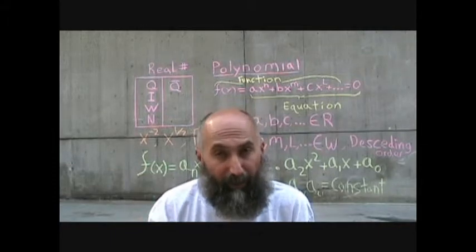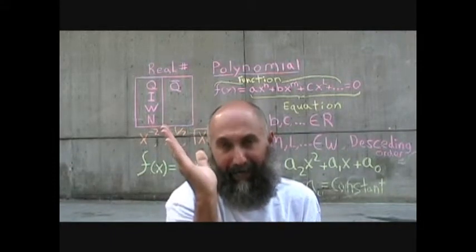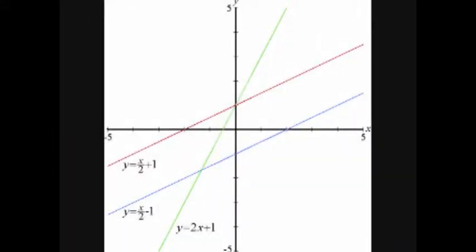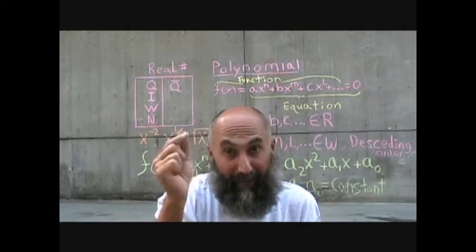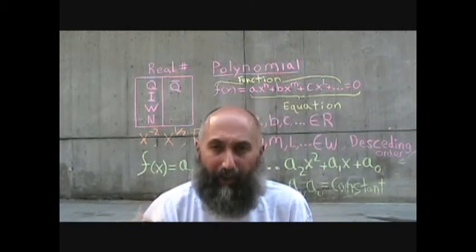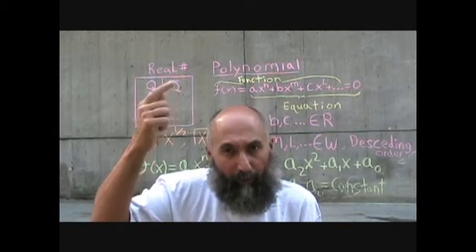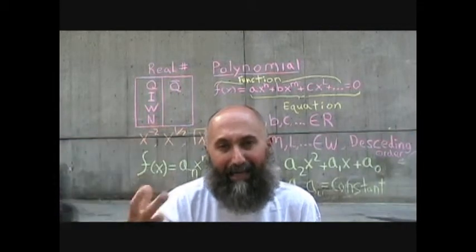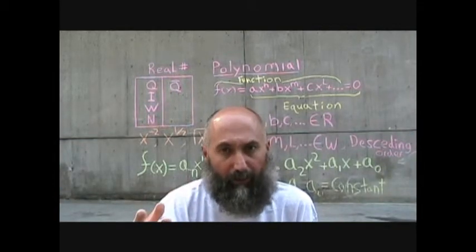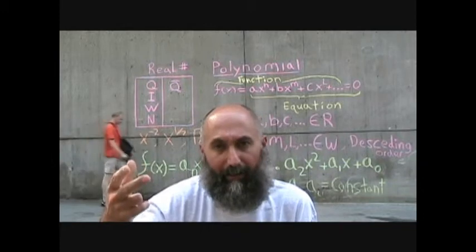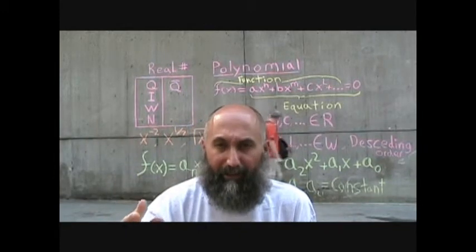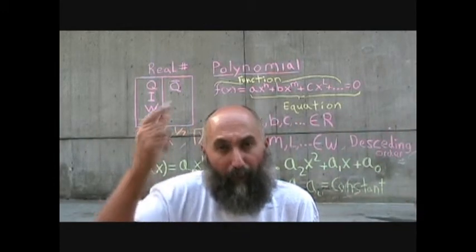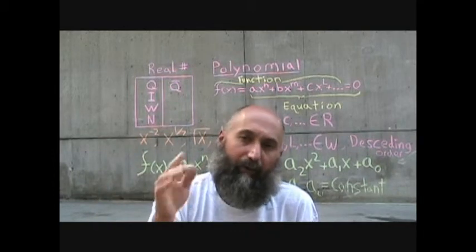A linear function, which is a line, refers to a polynomial that has a degree of 1, which means the highest power in the function is 1 for the x. A quadratic function is a polynomial function where the maximum power is degree 2, so it's x squared. A cubic function is a polynomial where the highest power is x to the power of 3.